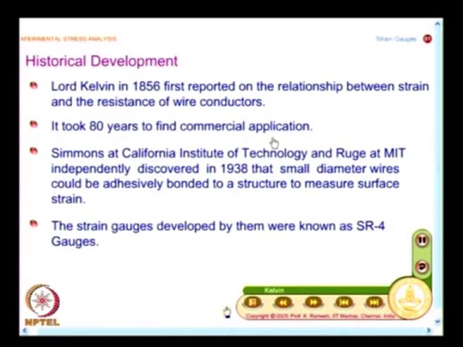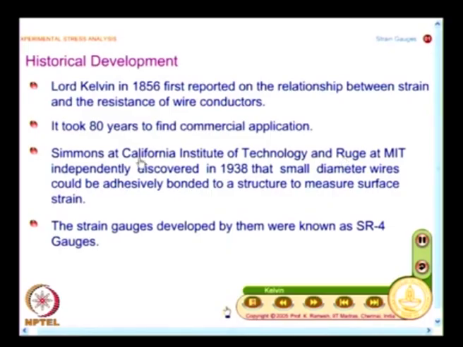One of the earliest strain gauges was developed around 1938, and there were contributions by Simmons at California Institute of Technology and Rouge at MIT. They have contributed, and we will see this development a little while later.